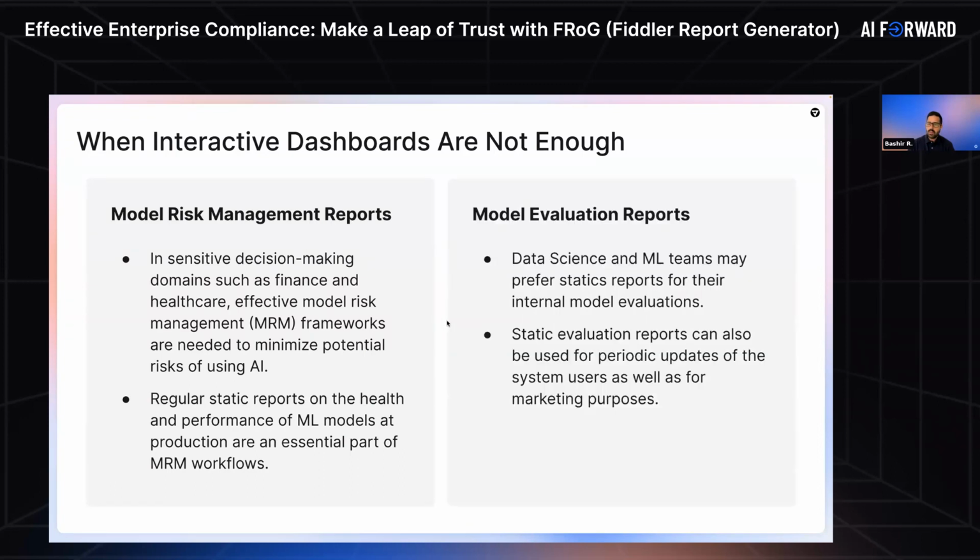In addition to that, data science and ML teams may prefer static reports for their internal model evaluations. And also, static evaluation reports can be used for periodic updates of the system users, and also for marketing purposes.